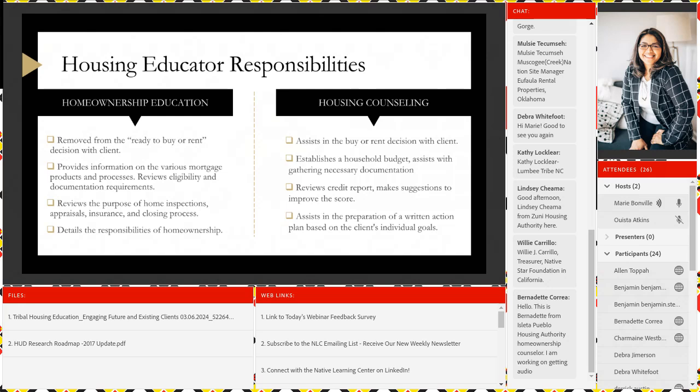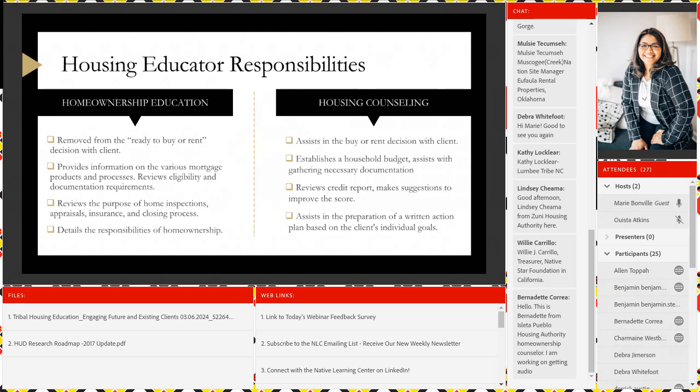The same is true of realtors or real estate agents, right? Typically, in a non-tribal land or trust status, you work with a real estate agent and they provide you with some of this information. We do it on our reservations or within our communities through housing counseling, because there are no agents for the most part in this process.